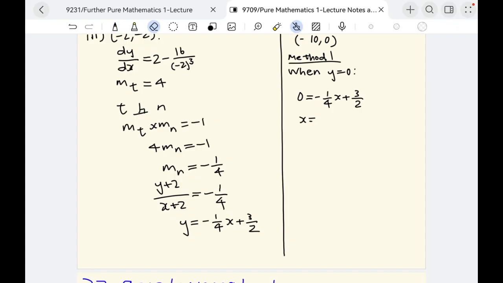Oh, sorry, I did a careless mistake. Because this is plus 2, for this plus 2, you must move to the other side to get negative. So this is negative 5 over 2. My apologies.